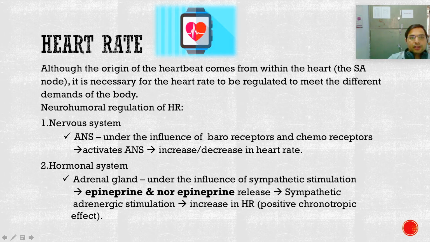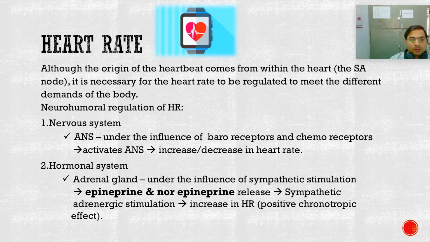This heart rate is regulated by the nervous system and the hormonal system, and they are intertwined with each other. Together they work for it, right? The hormonal system controls the nervous system and the nervous system controls the hormonal system as well. Together they work, so that is why it is called neurohumoral regulation of heart rate.